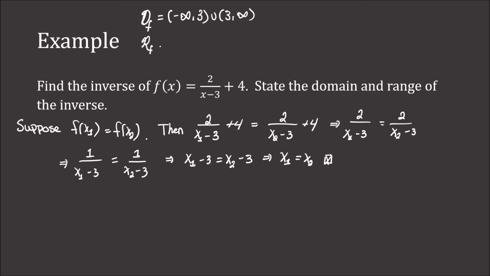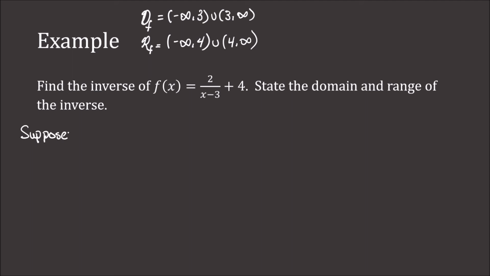The range of this function, since this can never be 0, will be everything except for 0 plus 4. So negative infinity to 4 unioned with 4 to infinity. Right, now I no longer need any of this.